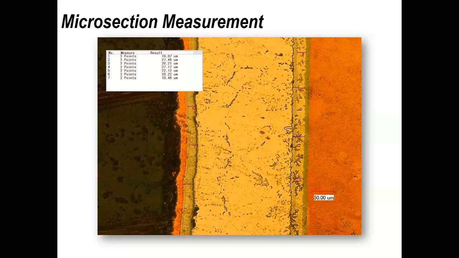And again, on a microscope, you should have a method of measurement. And here you can see we've got a digital measurement which has been taken directly from the microsection. It's very important to check the readings against your standard to make sure that you're actually reading what you think you're reading, because obviously if you use a different graticule on your microscope, then the numbers that you're reading may be inaccurate.